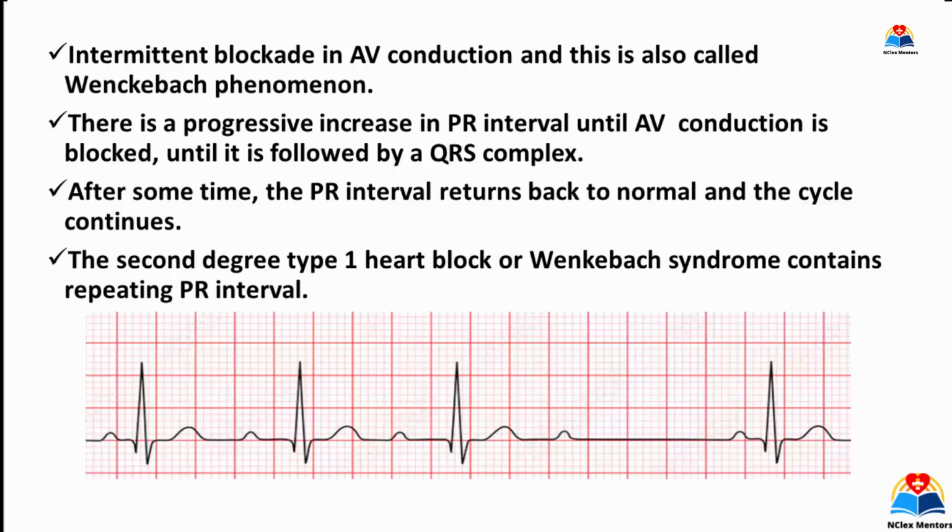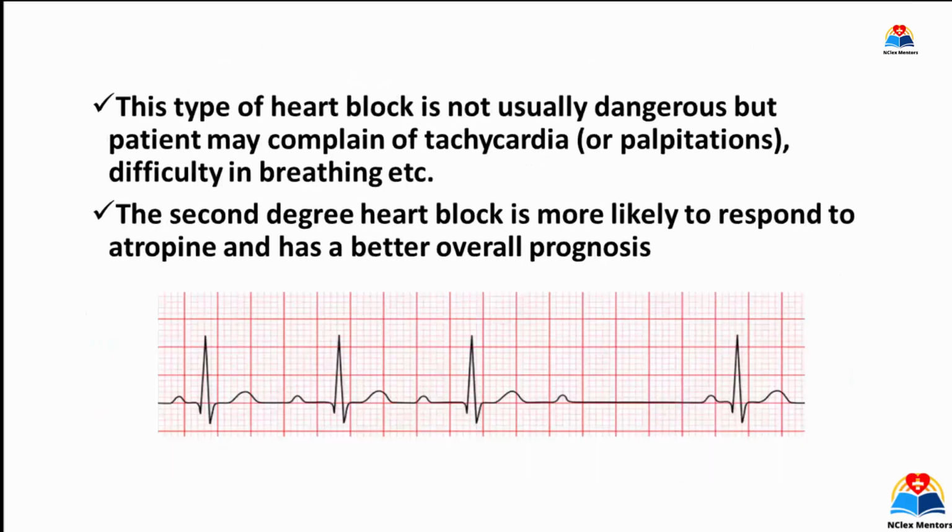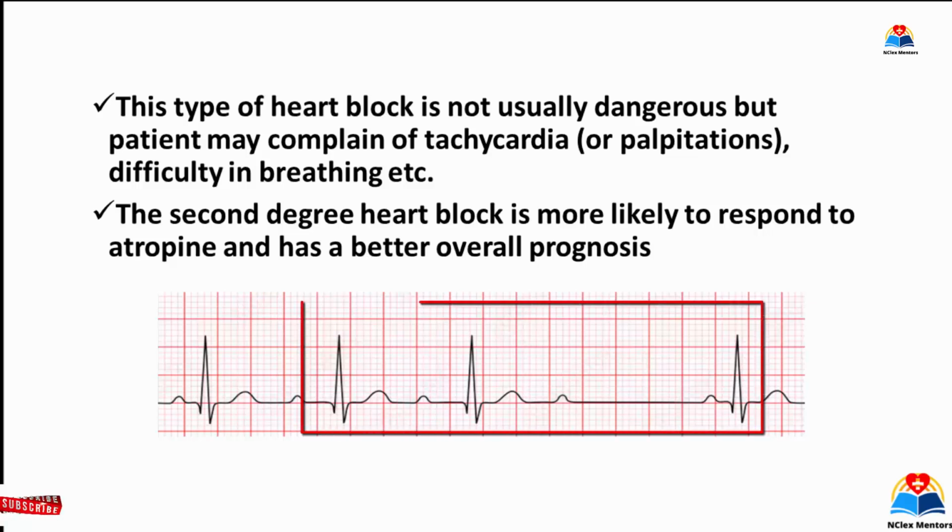The second-degree type 1 heart block or Wenckebach syndrome contains repeating PR intervals. This type of heart block is not usually dangerous, but the patient may complain of tachycardia or palpitations, difficulty in breathing, etc. The second-degree heart block is more likely to respond to atropine and has a better overall prognosis. Here in this EKG strip, we can see progressive increase in PR interval.